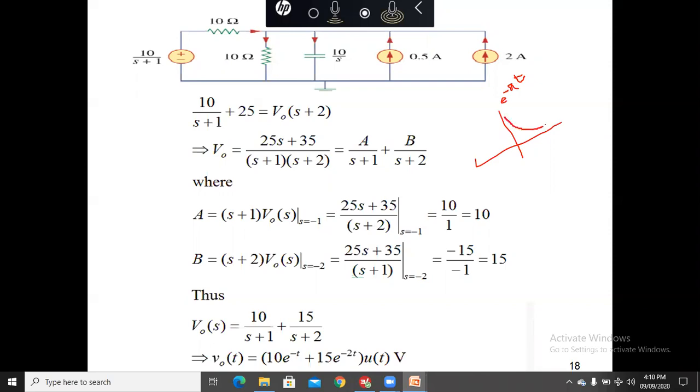That is decaying for the positive part, and rising for the negative part. So when we consider u of t, it means that we are considering only the positive part, this part.